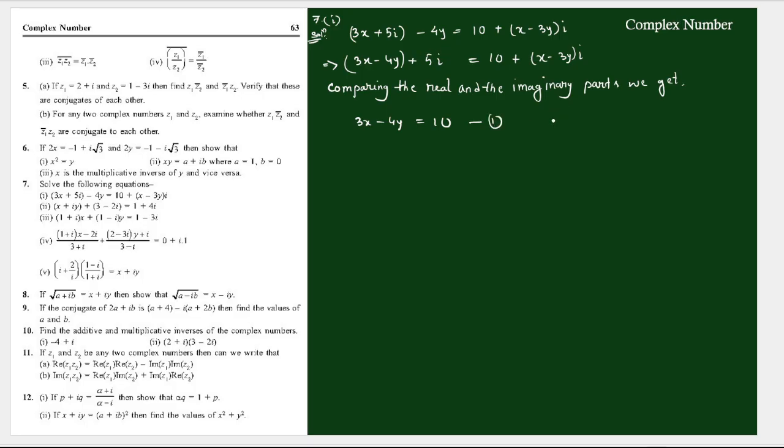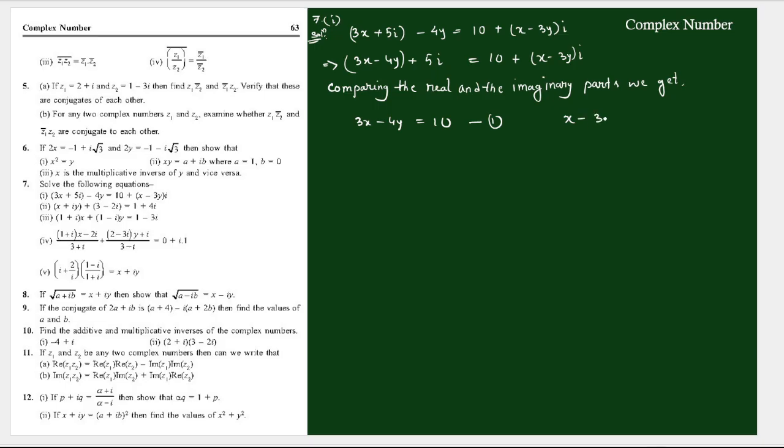Then for the imaginary part, 5i, so x minus 3y will be equal to 5.